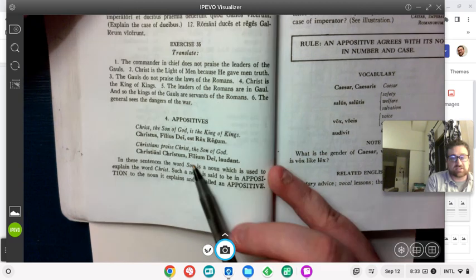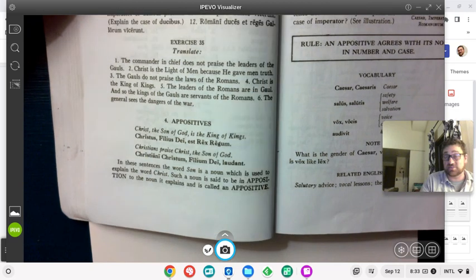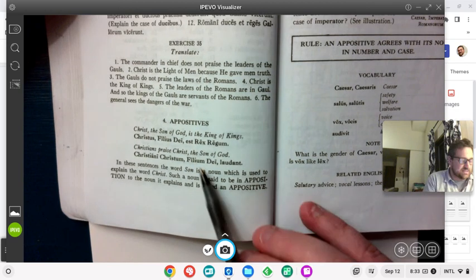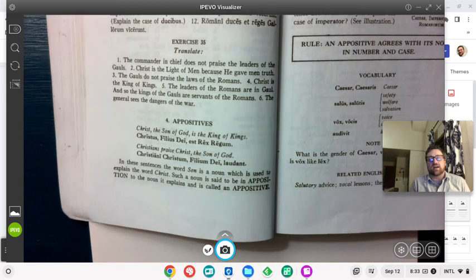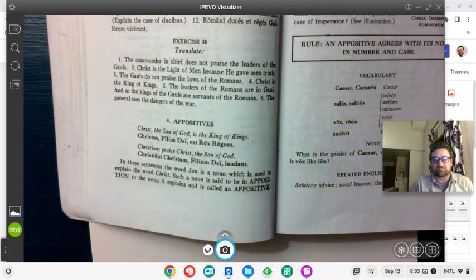Christians praise Christ, and we're explaining who that Christ is that they're praising. And so when we say the Son of God, we're keeping son in the accusative as well. Well, not the of God part, because that's a genitive, but at least the actual word son is in the accusative because it's in apposition to Christ. And so that is the appositive rule.